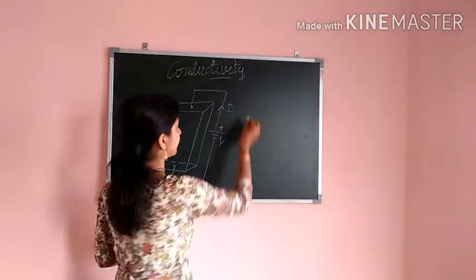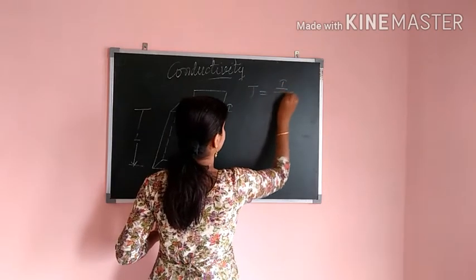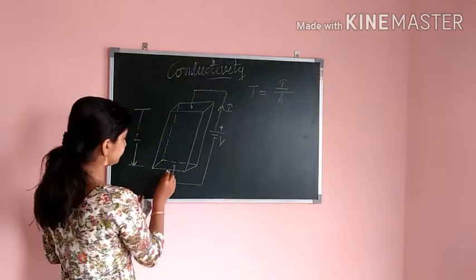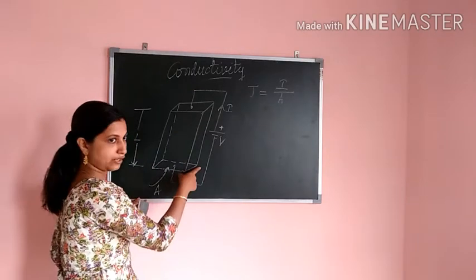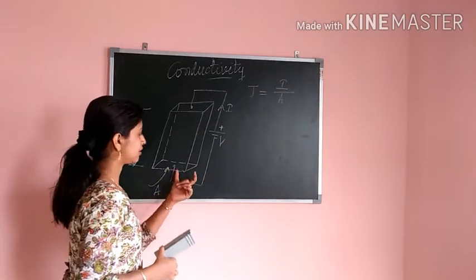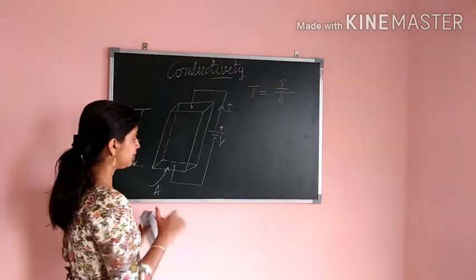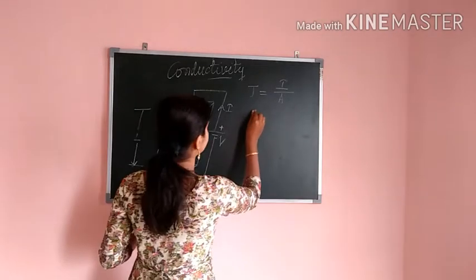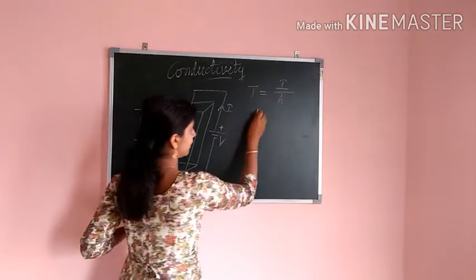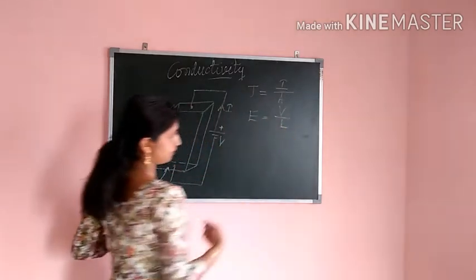Then we can write the current density J = I/A, where A is the area of the surface perpendicular to the direction of flow of current. Similarly, we can write the electric field due to this potential V as E = V/L.